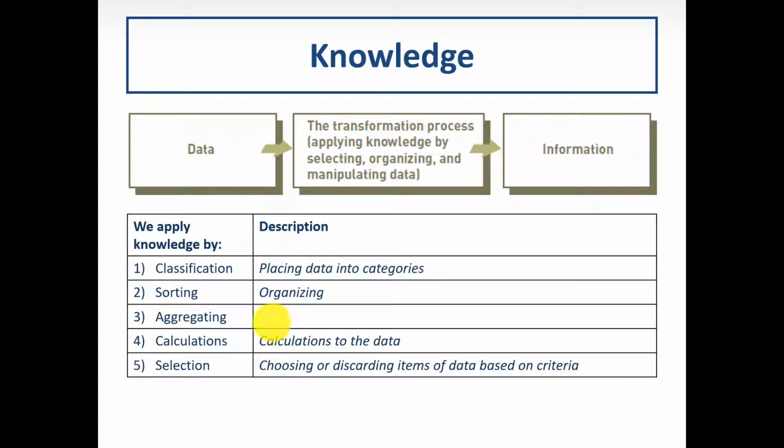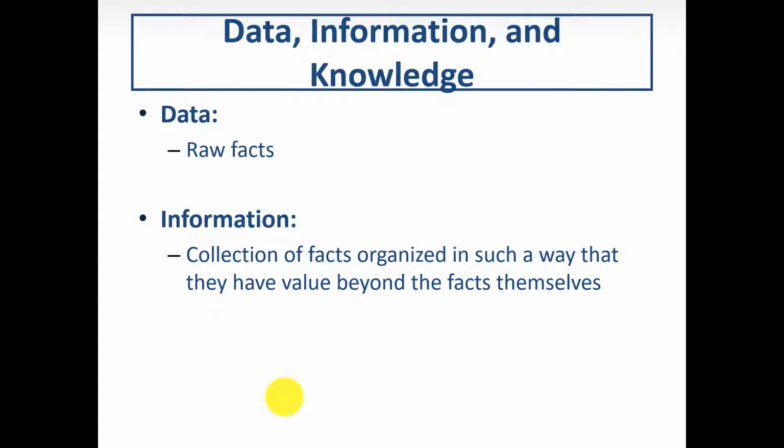And then of course, we can calculate based on data, especially if that is numerical, and then we can select items of that data based on a certain criteria of importance. Okay, so data is about raw facts. Information is about the collection of those facts, organized in such a way that they have value we can interpret beyond the facts themselves.